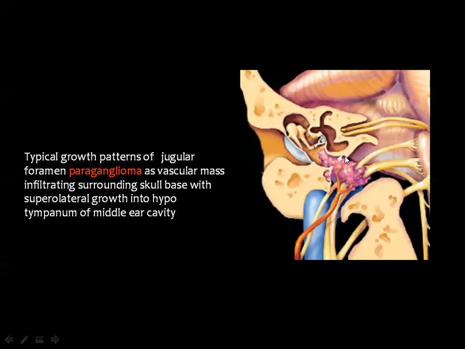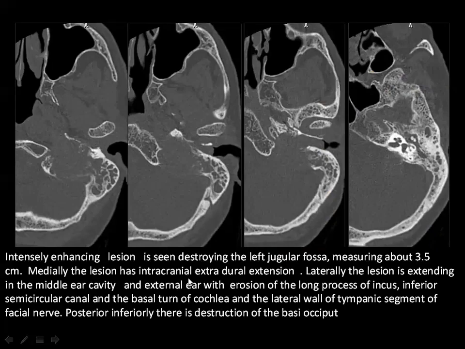The tumor will erode the bony ridge between the middle ear and the jugular fossa and extend intratympanic, hence the name jugulotympanic glomus tumor. It also will extend into the cerebellopontine angle and may destroy the skull base with extracranial extension.